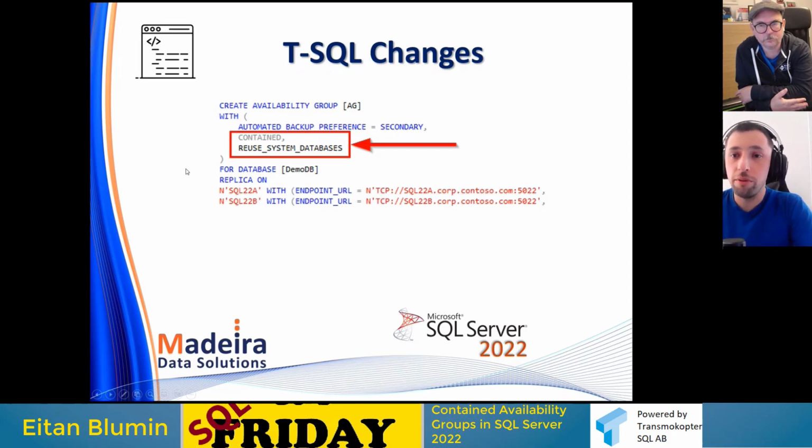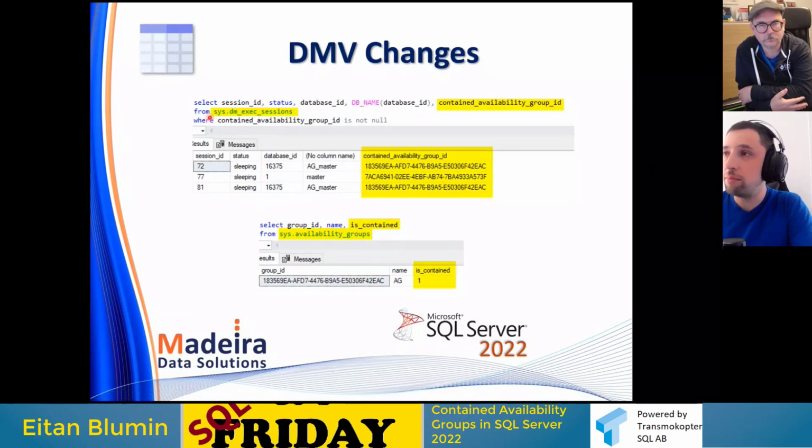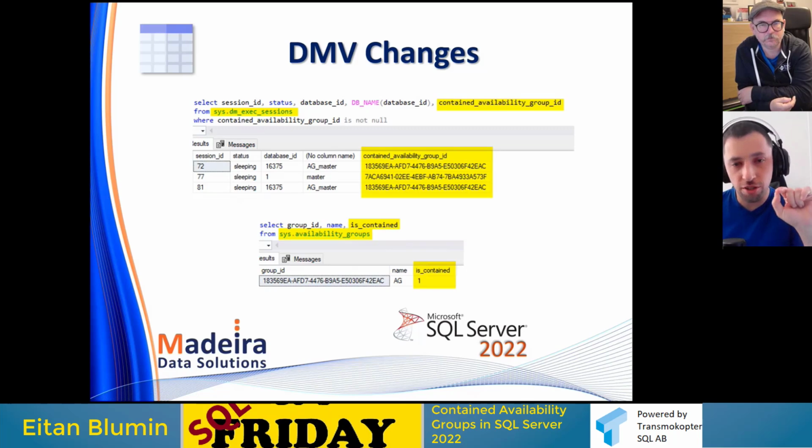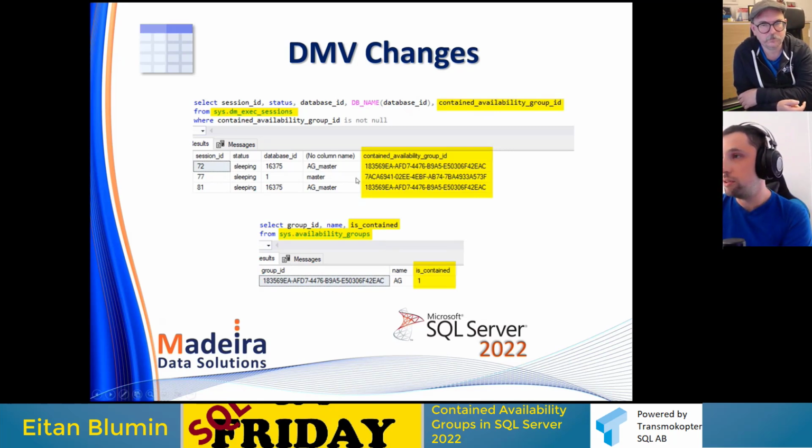And there are also a couple of changes in system DMVs. There's a change in sys.dm_exec_sessions. There's a new column called contained availability group ID, which holds the group ID of the availability group if the session in question connected into this, what I call the virtual reality. So when this session, from its point of view, is seeing the contained system databases, you would see the ID in its corresponding record in the DMV.